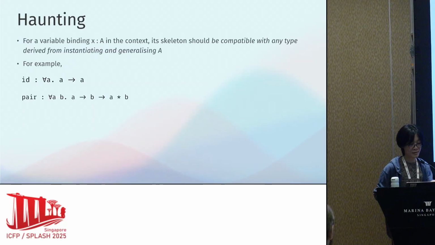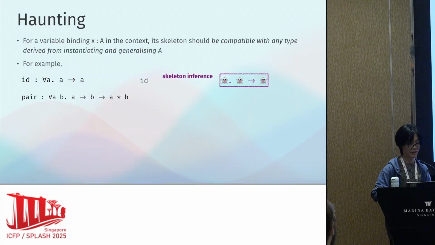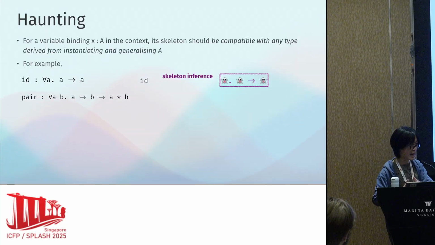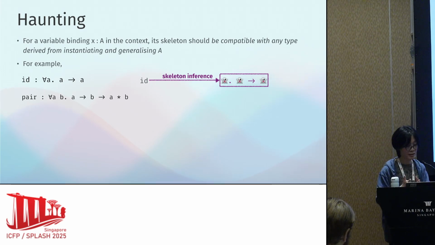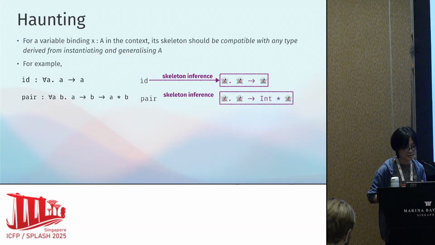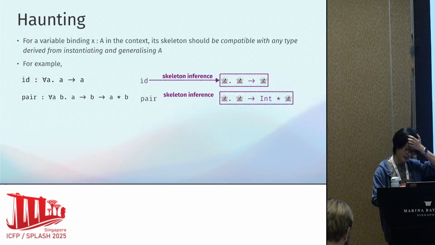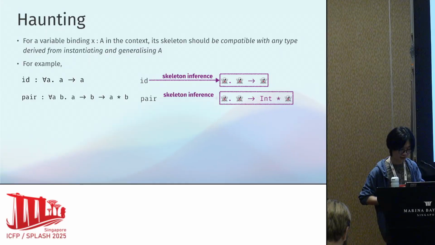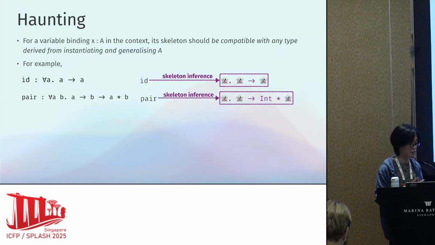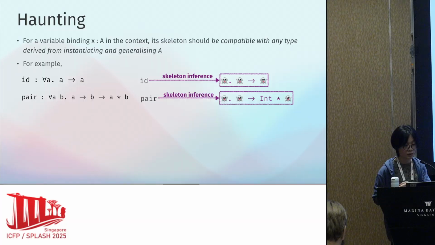So for example, for id, we want a skeleton that matches an arbitrary polymorphic function, and for pair, we want a skeleton that matches an arbitrary polymorphic function from ghost to a pair of ghosts.